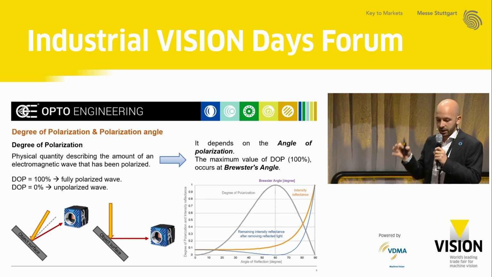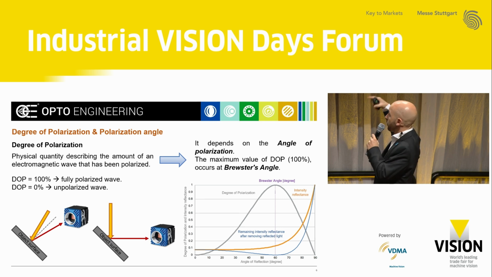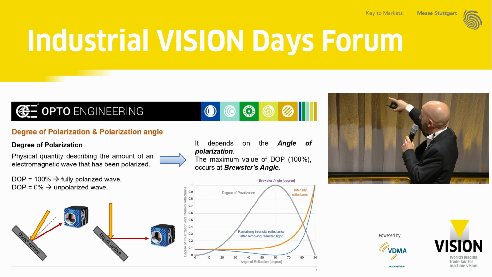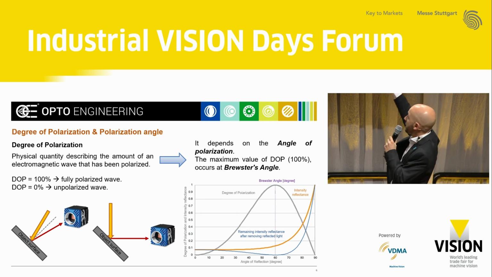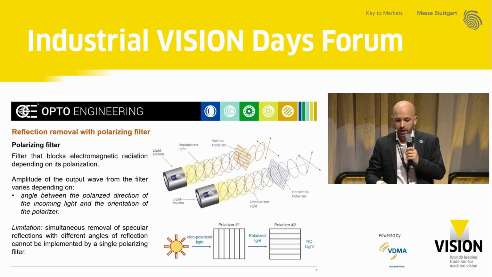And this quantity depends on the angle of reflection. Here you can find a graph that shows the degree of polarization according to the angle of reflection, and we have a peak of the degree of polarization at the Brewster angle.